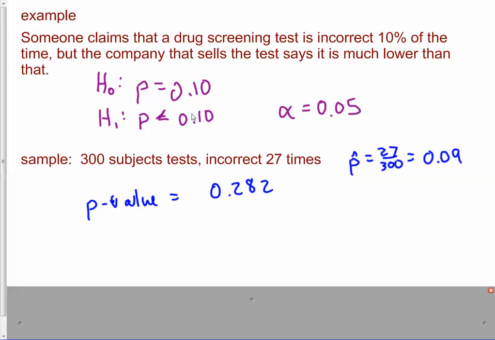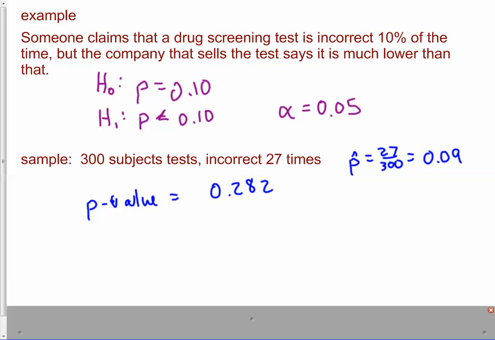That means that if p really is 10%, there's a 28% chance of getting these results, or even smaller. So that's not too small, and it's certainly not less than 5%.